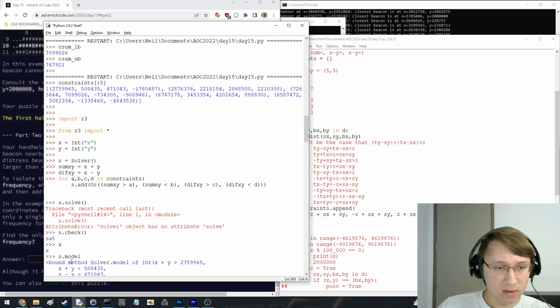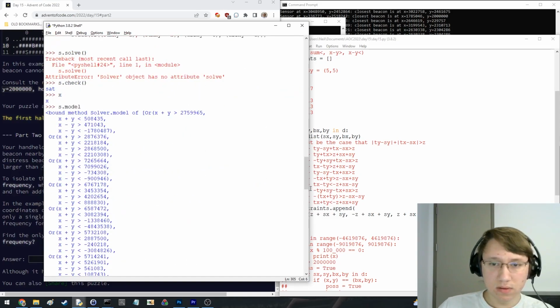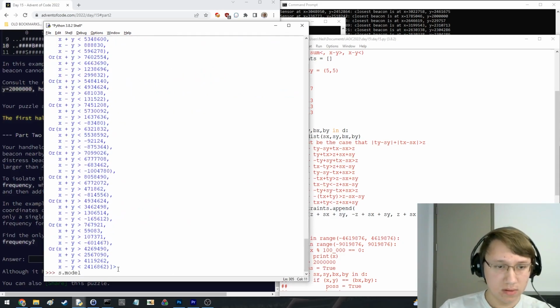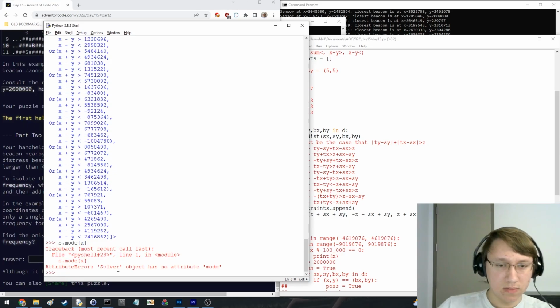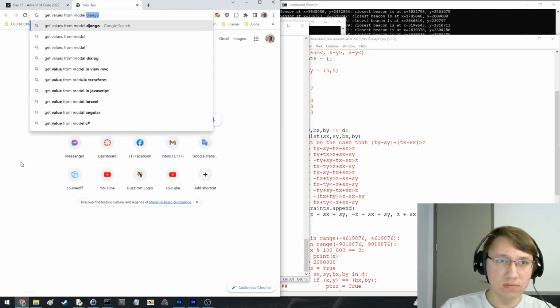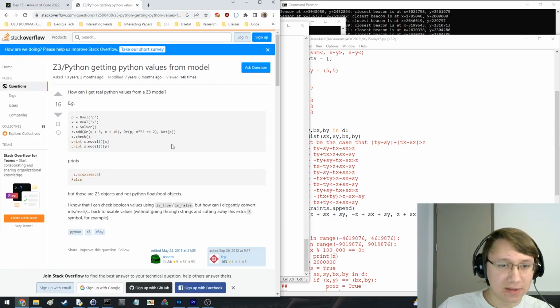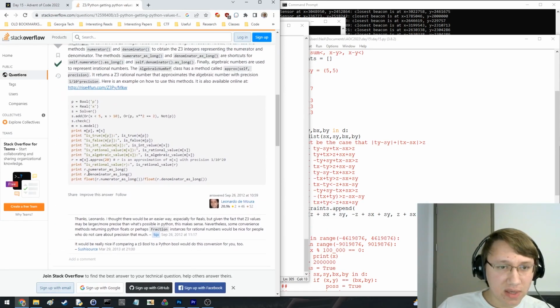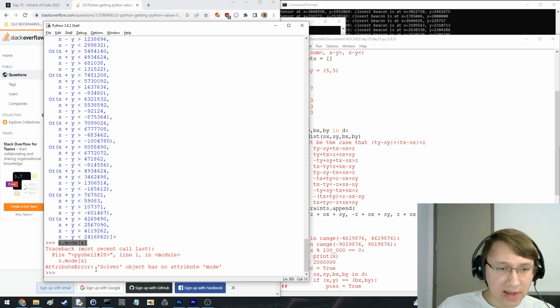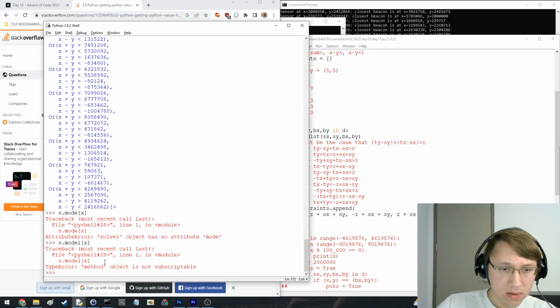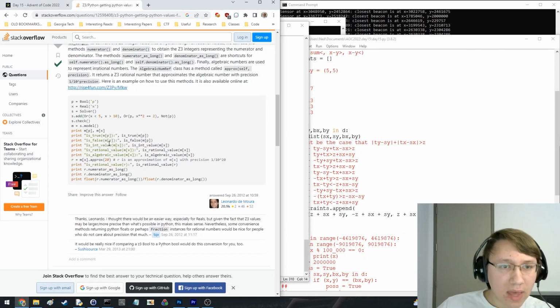Does that not work? That's not it. I forget how to do this. Let's see. Oh, yeah, it is indexing. No, it's not. M is s.model. Print m.